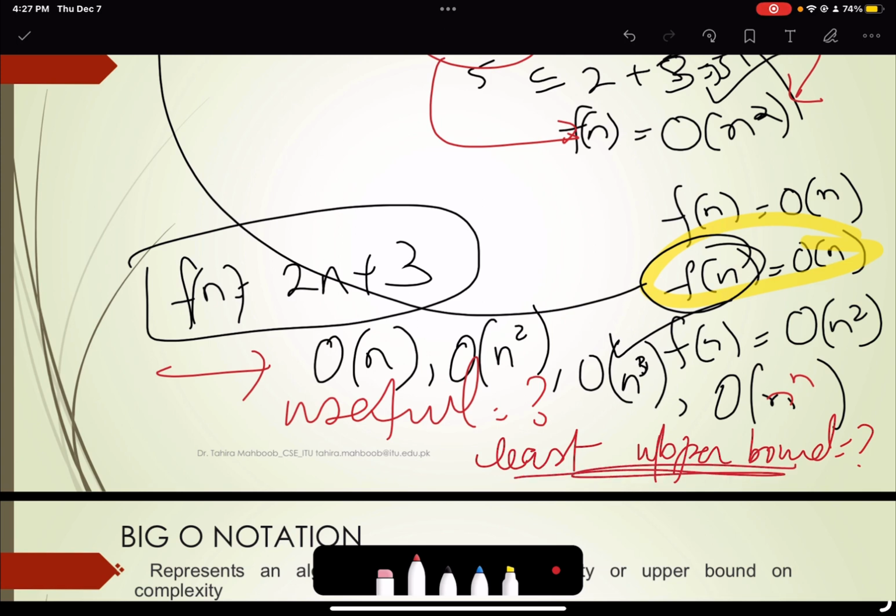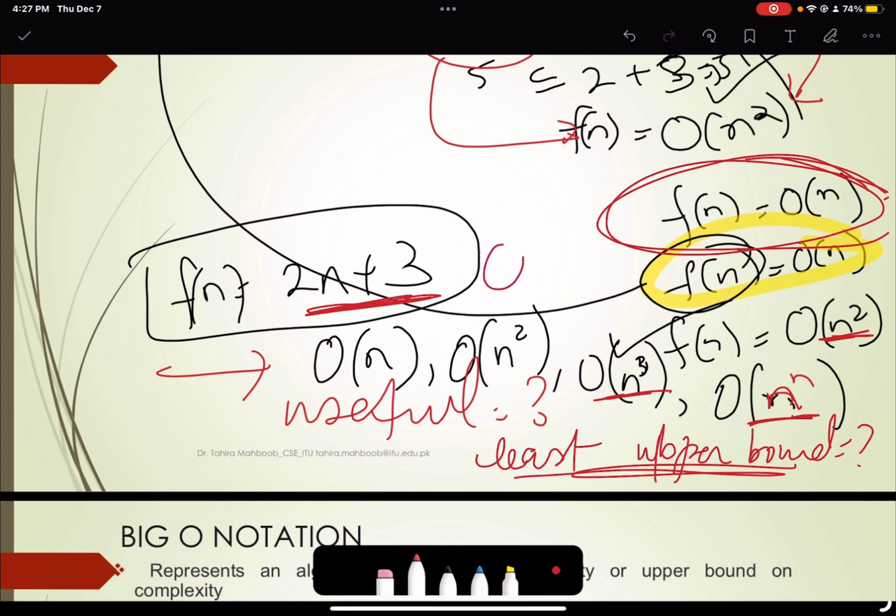In this case, the least upper bound value that we have here is not n squared, n cubed, or polynomial n raised to power n. It is f of n equal to O n. So for this function, the upper bound is big O of n. So we can write this as O n.